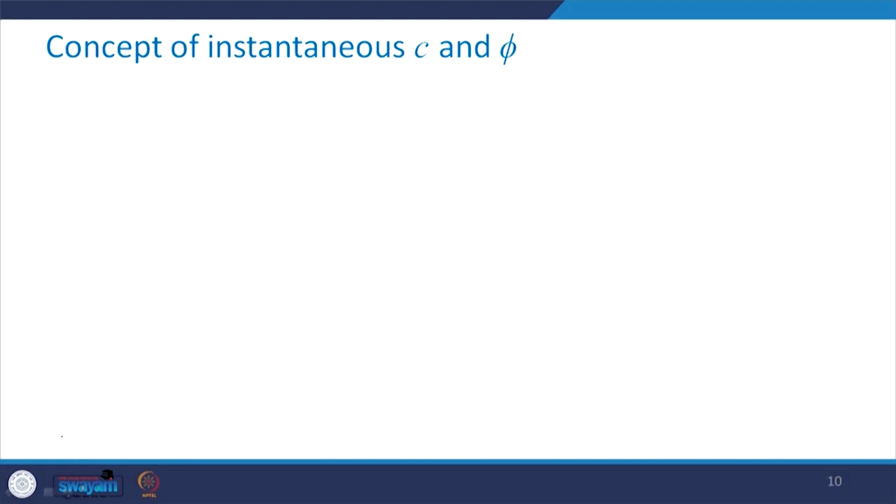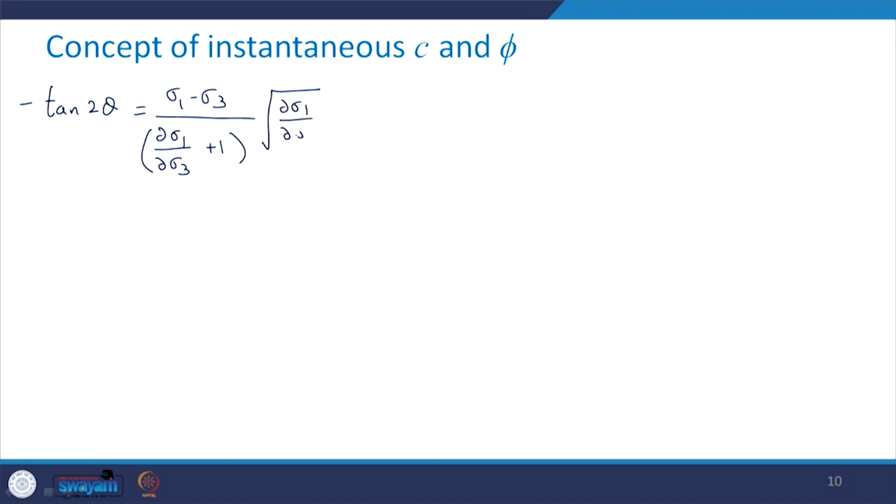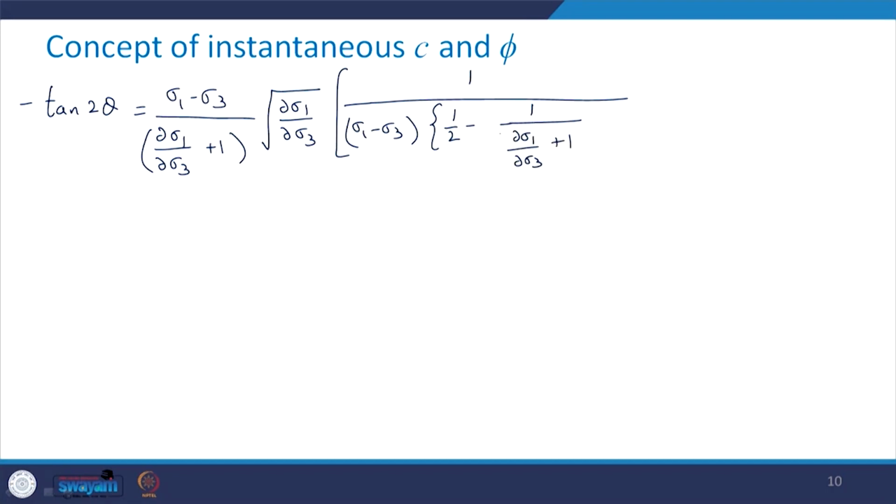So now we further simplify the earlier expression, which is going to be minus tan of 2 theta is equal to sigma 1 minus sigma 3 divided by del sigma 1 del sigma 3 plus 1 into square root of del sigma 1 del sigma 3 and multiplied by 1 upon sigma 1 minus sigma 3 and half minus 1 upon del sigma 1 del sigma 3 plus 1.